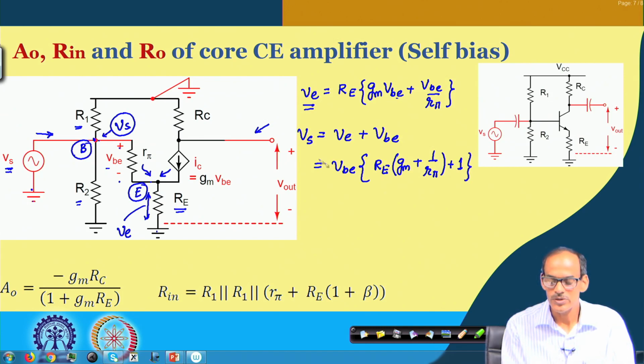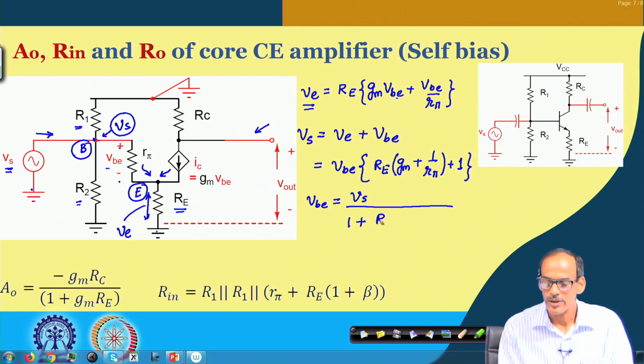So, this gives us the relationship between VBE and Vs. So, VBE equals Vs divided by 1 plus RE multiplied by gm plus 1 by r pi.